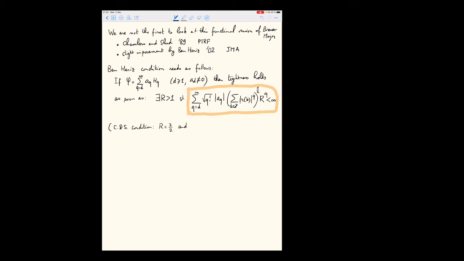And they did not have the sum of r_k power q to the 1/2, so without this in the expression. So the condition was that if the sum of square root of factorial q, a_q, and then 3/2 power q is finite, then we have tightness.